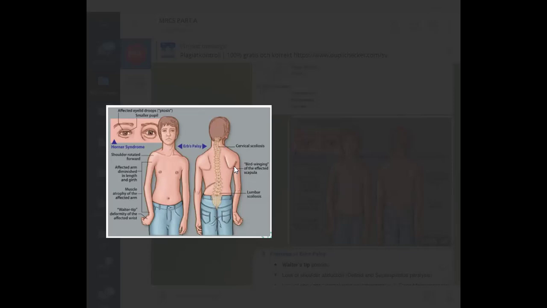At the same time, you can see winging of the scapula on the affected side. This should be the normal shape of the blade of the scapula, but because the muscles responsible for abduction of the shoulder joint have been paralyzed, it gives you this kind of image.